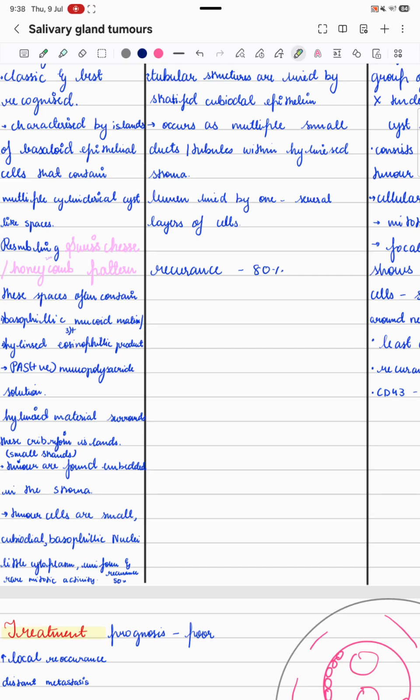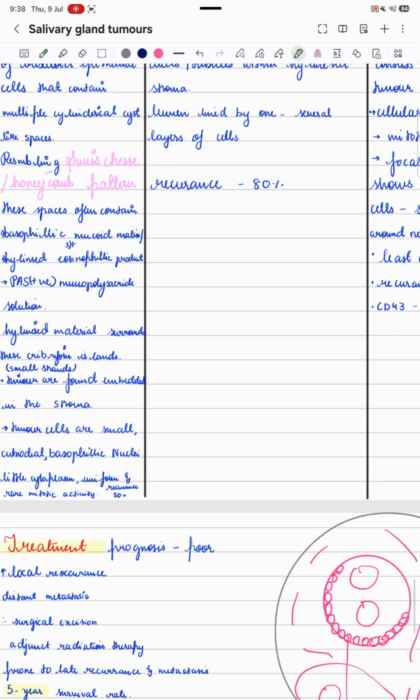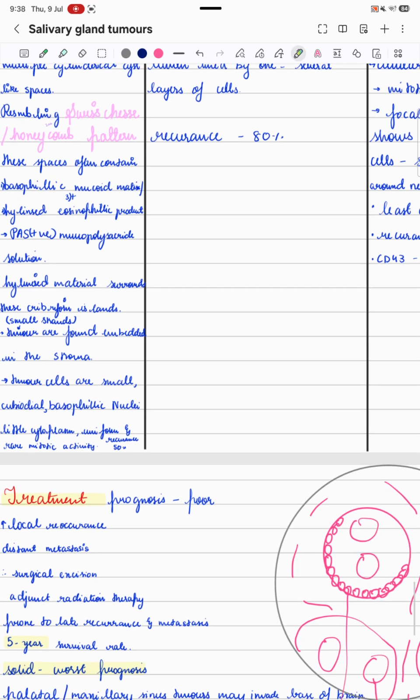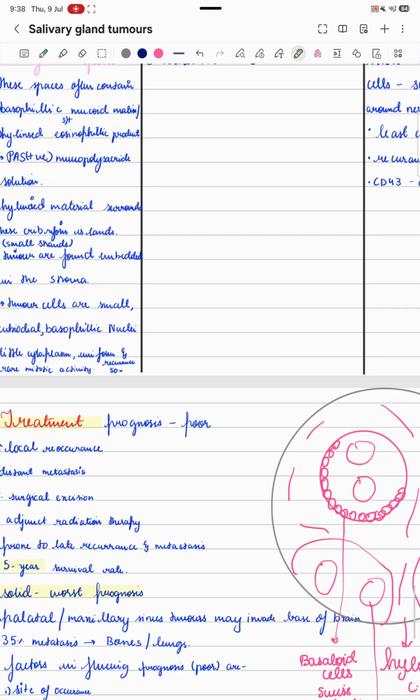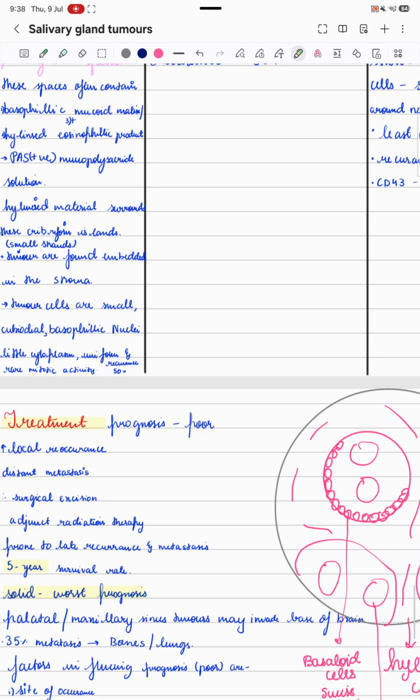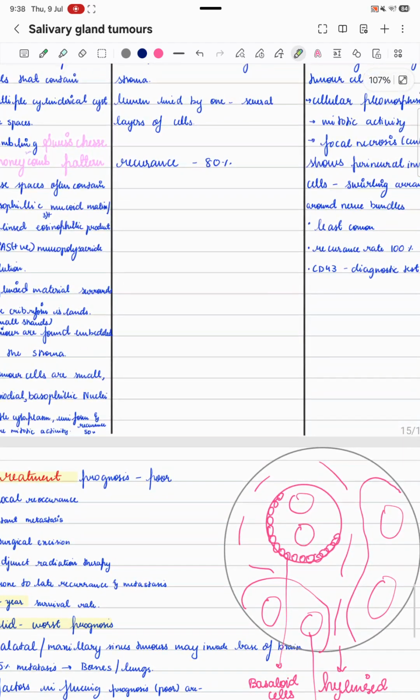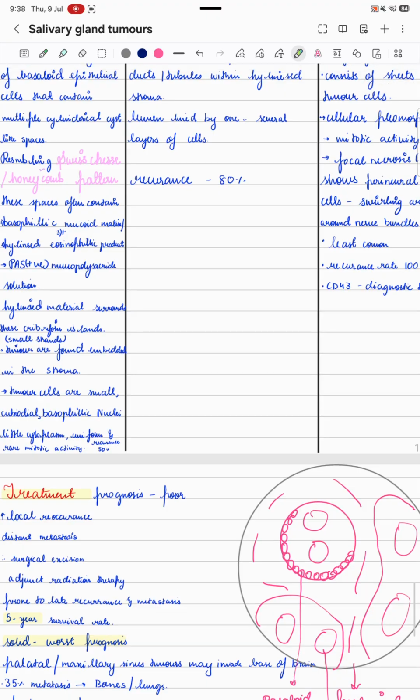Fifth, it is PAS positive. Sixth, it surrounds the cribriform islands, and the tumor is embedded in the stroma. Seventh, the tumor cells are small, basophilic, with little cytoplasm, and uniform. Eighth, recurrence is 50%, and ninth, it has rare mitotic activity.